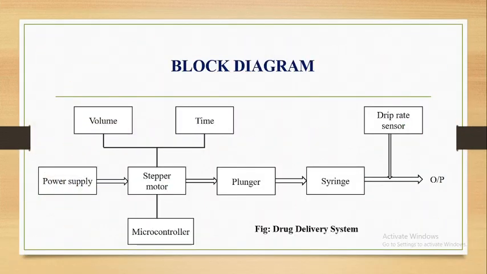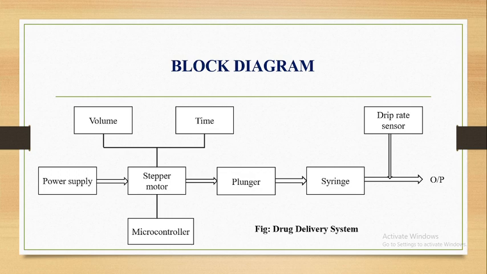Okay, this is the block diagram. The power supply is used to give power to the microcontroller and the stepper motor for running purposes. The microcontroller will control the stepper motor. The volume and time in this block diagram is the controlled volume, how much medication should be given to the patient, and how many times, in which interval.